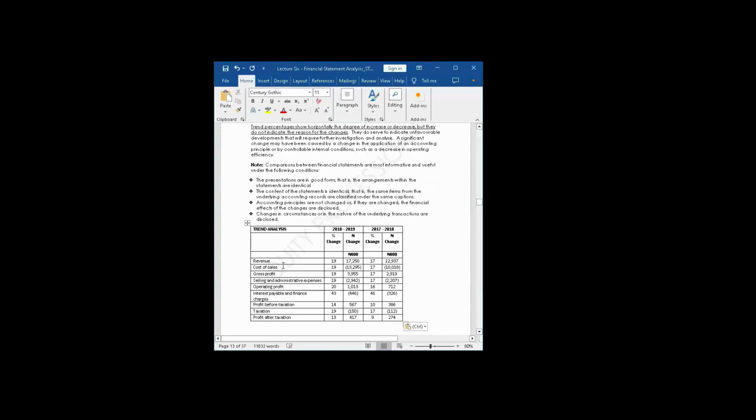That is trend. So here is the trend for the statement of profit or loss of DFFP. So we have the 2017-2018 period and the 2018-2019 period.